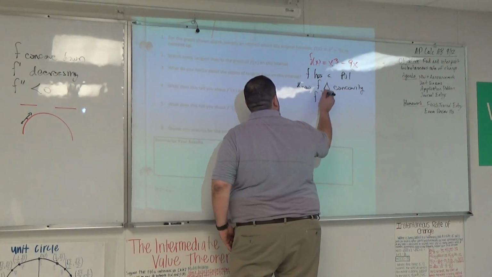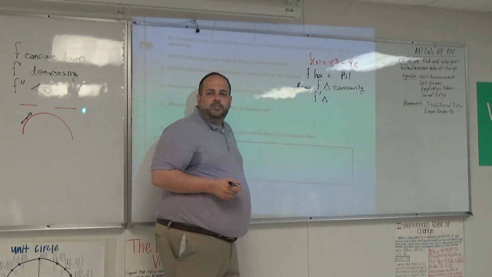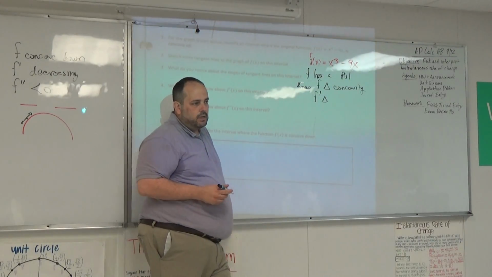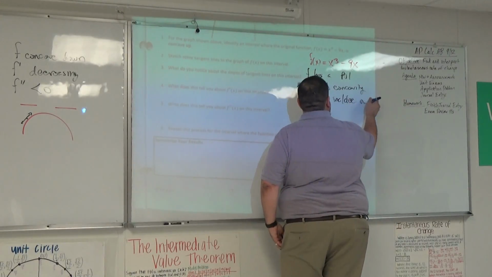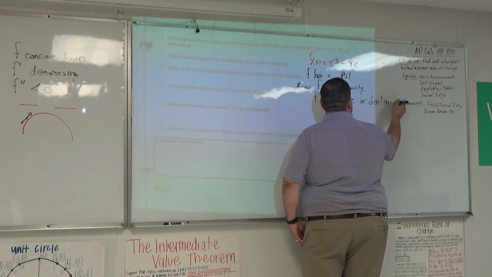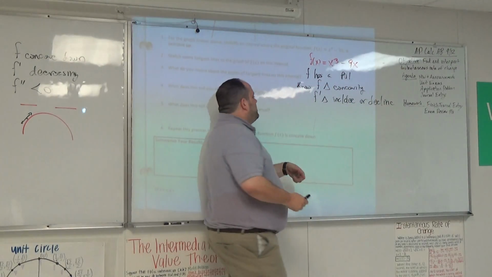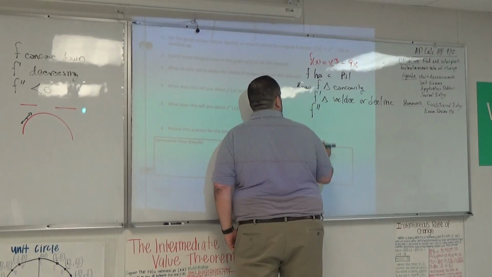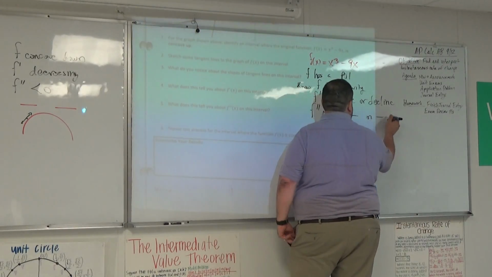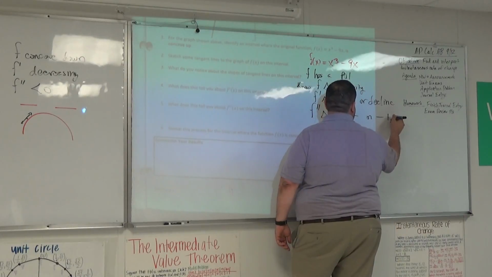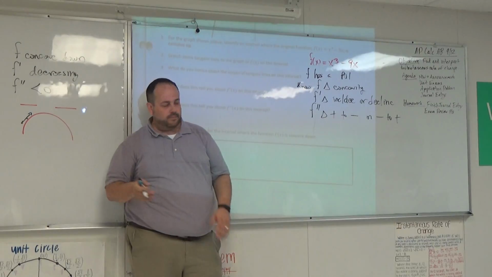We also know that f prime must be making a change, from increasing to decreasing or from decreasing to increasing. It could be either one. The thing that's going to be most helpful of all is that f double prime changes from positive to negative, or from negative to positive.